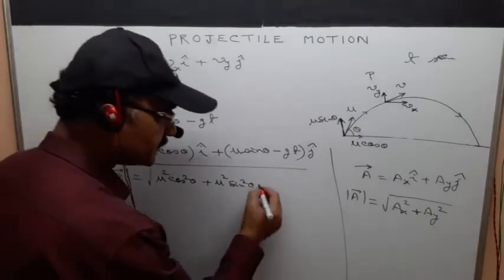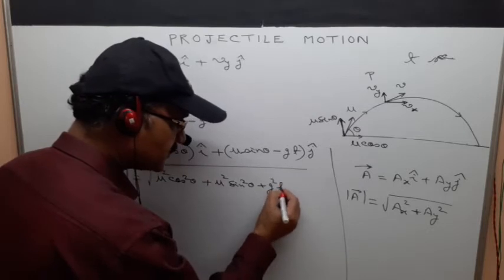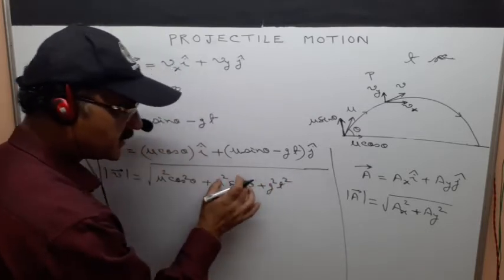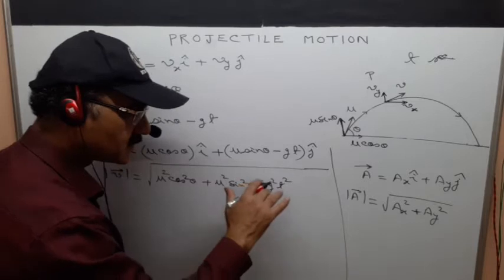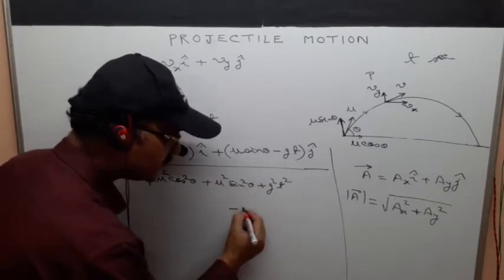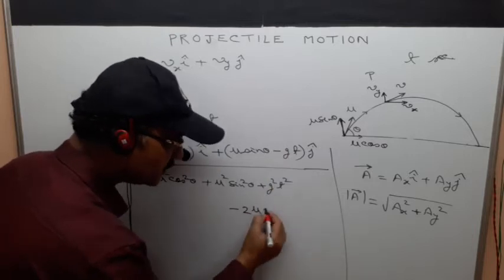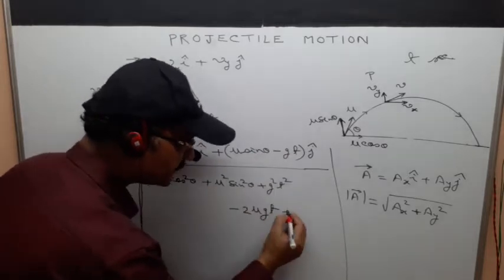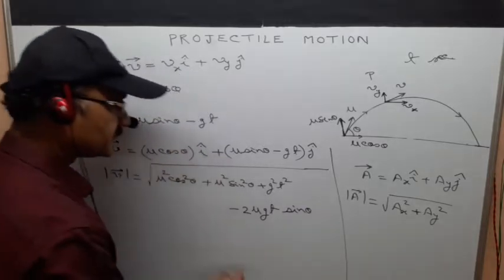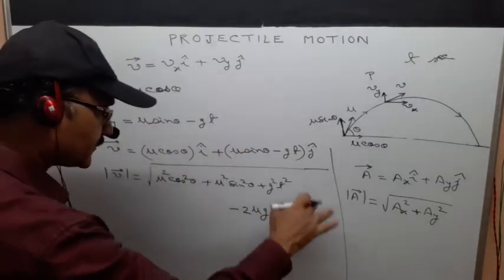This square means u square cos square theta, plus this square means u square sin square theta plus g square t square, a square plus b square. So this will be minus twice u g t sin theta. This is under this square root.